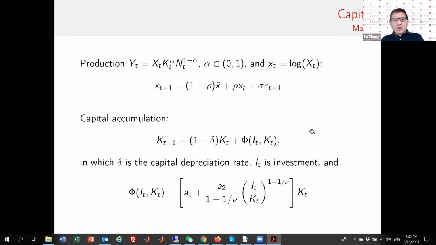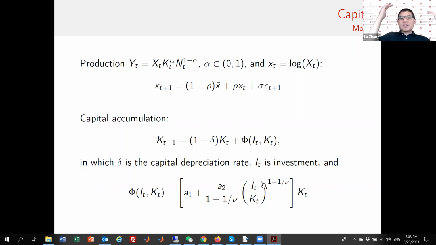So capital accumulation, we have capital. We follow Jermann 1998, the JME paper, in using this installation function. It's fairly convenient because this function implies that the marginal benefit of investment, when investment goes to 0, is positive infinity.